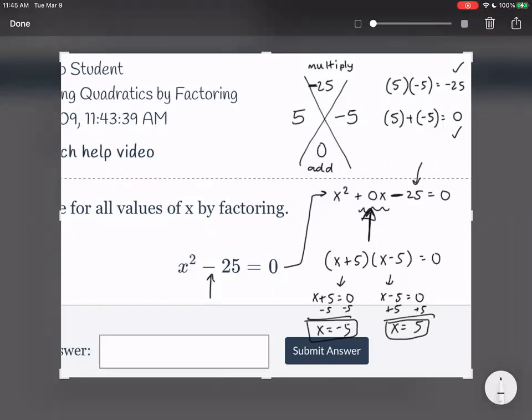There's your other answer. But also remember, you just take a look at the two things that we wrote in our x factor, and the answers will be the opposites. So this positive 5 became the negative 5. This negative 5 became the positive 5. So our two answers are negative 5 and positive 5.